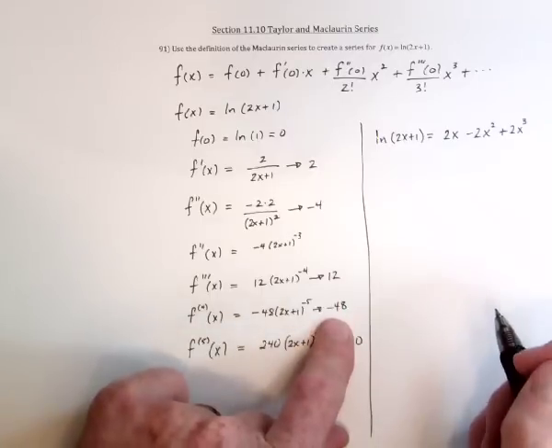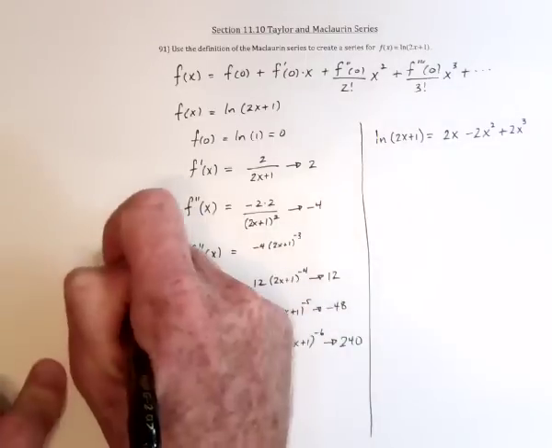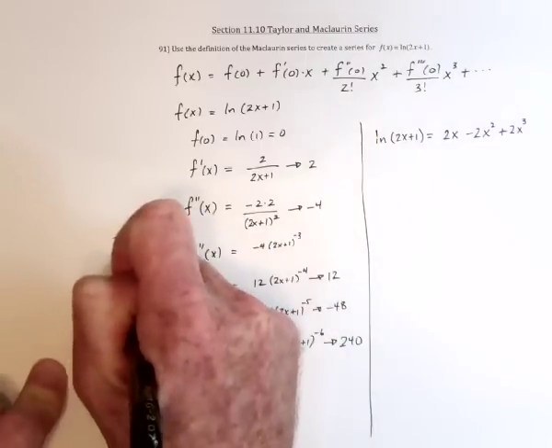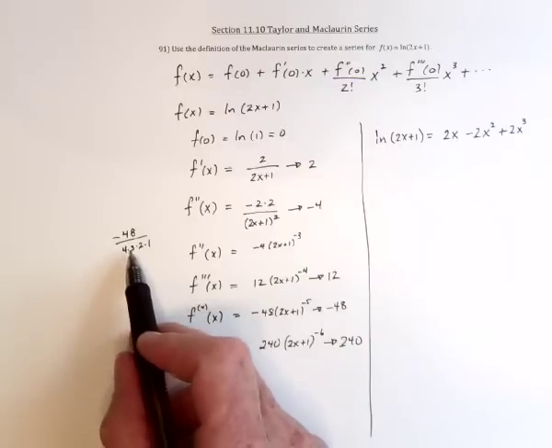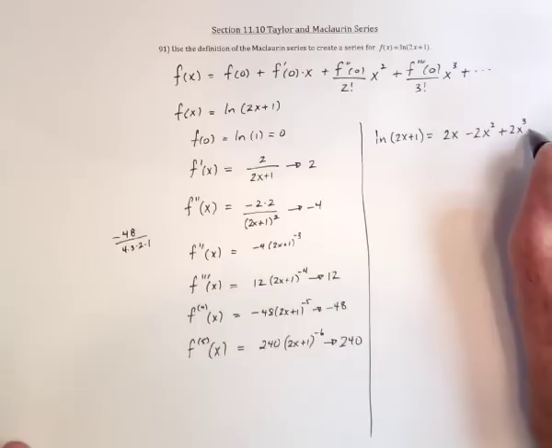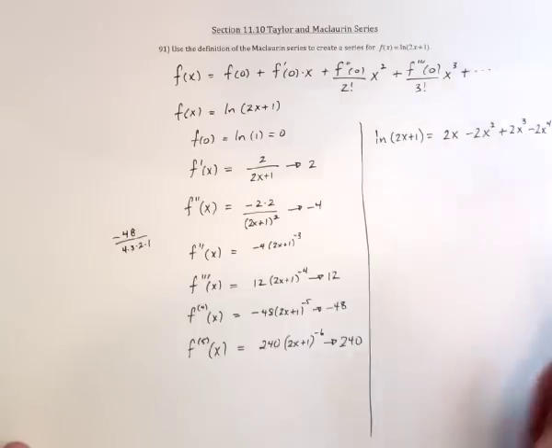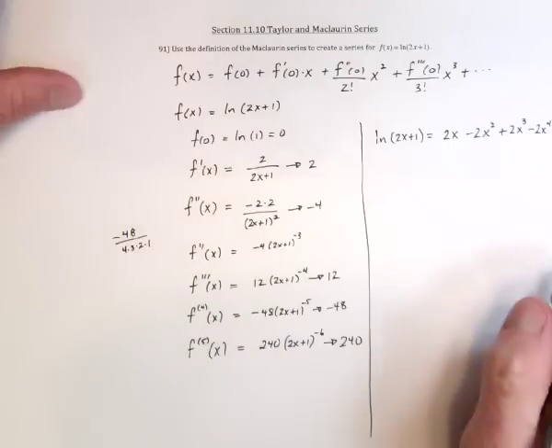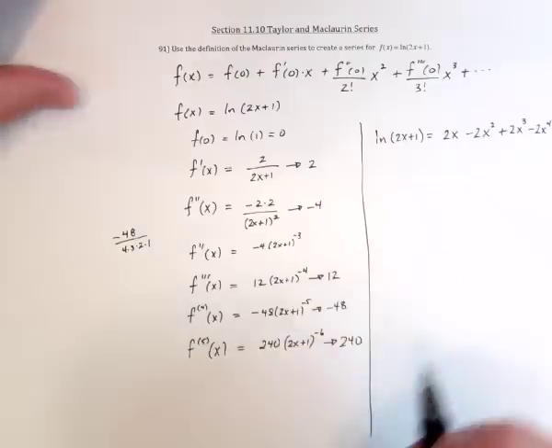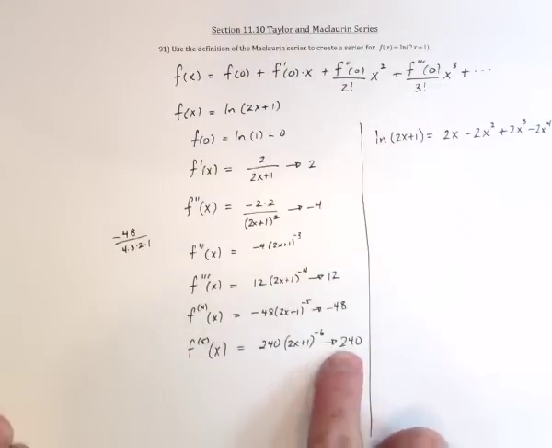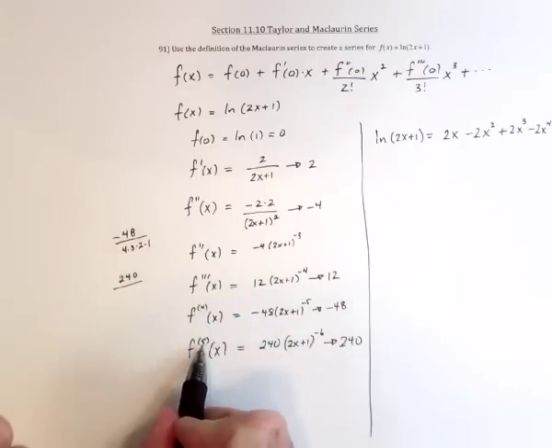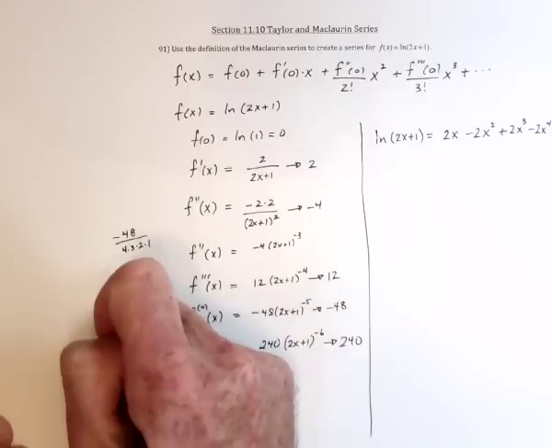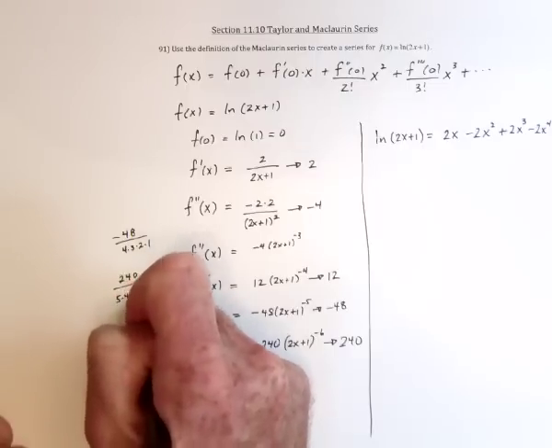Let's see if it works. So then we would have 48 divided by 4 factorial, so negative 48 divided by 4 times 3 times 2 times 1. Well, that would be 12 times 2 is 24. It worked again. Negative 2x to the 4th. And then for the x to the 5th, for the 5th derivative, we have 240. And then that's divided by 5 factorial, so 5 times 4 times 3 times 2 times 1.